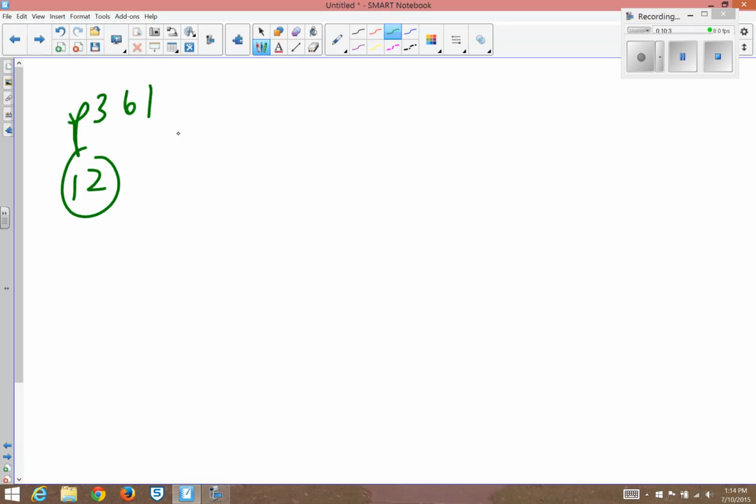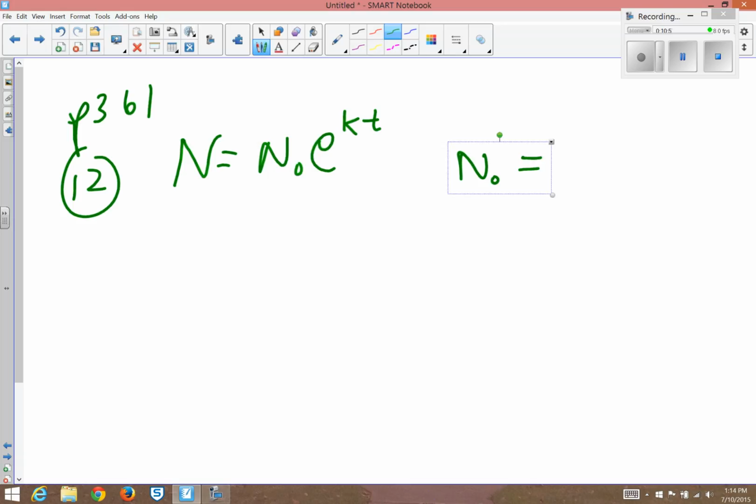So we'll start with this formula. N equals N sub 0 e to the kt. Suppose the initial amount of carbon-14 in the wood is 100 grams.